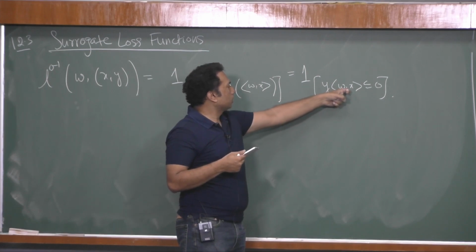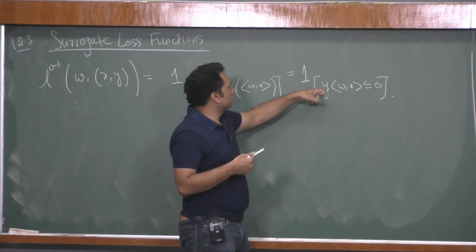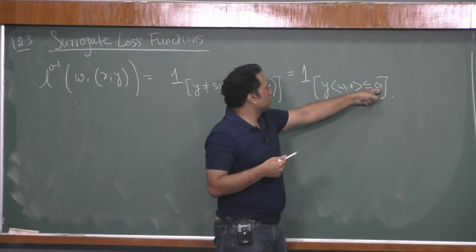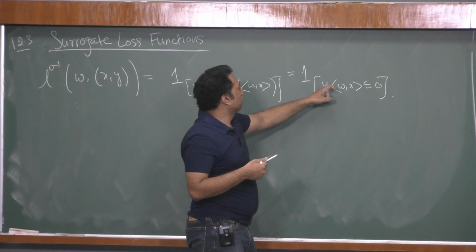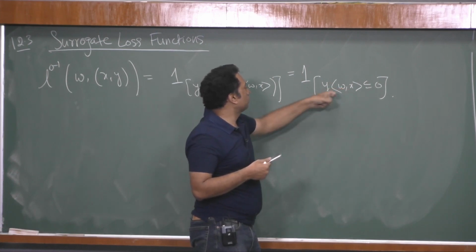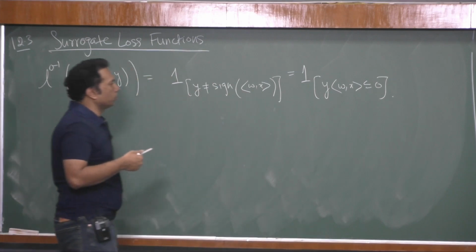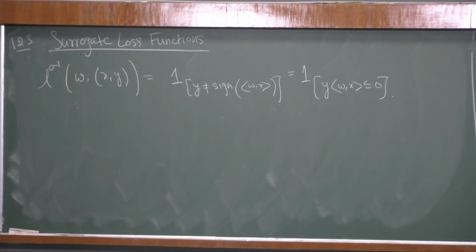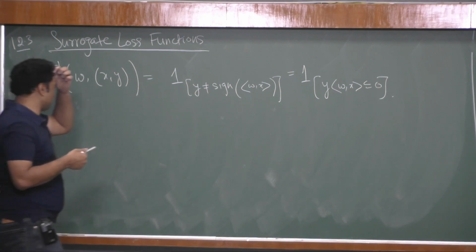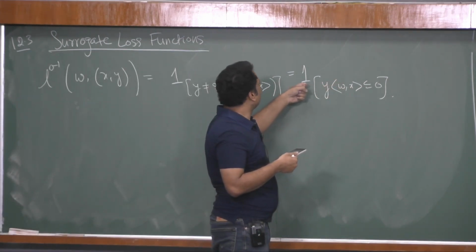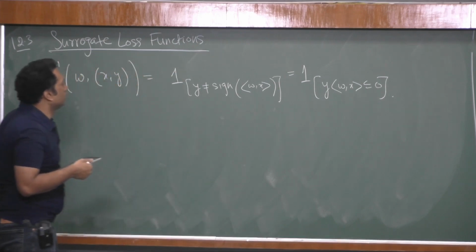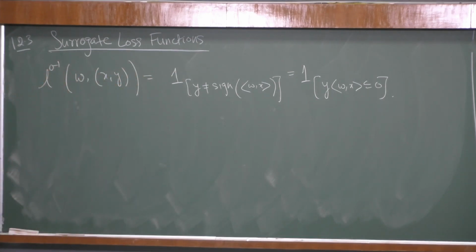If W transpose x is less than 0 and this is the negative class, then the product is still positive, and if it's the positive class and the sign is positive, then still it's positive. I hope you can recall what we did in the previous classes. So what this essentially says is that if your classification is good, then we say that the loss is 0, otherwise it's 1. So this is how the loss is defined as a 0-1 loss, right?